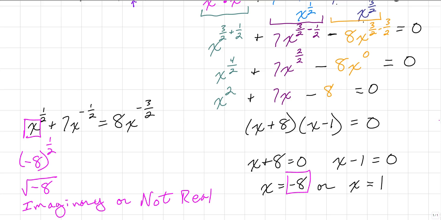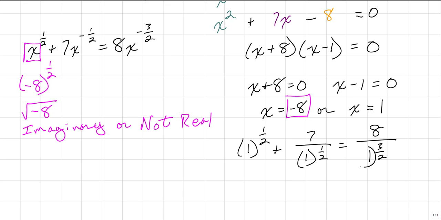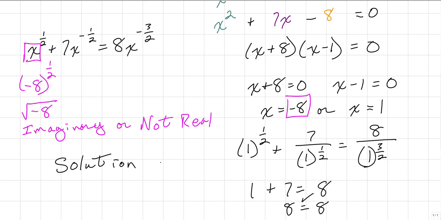So I end up, simply stated, with 1 to the 1/2 power plus 7 over 1 to the 1/2 power is equal to 8 over 1 to the 3/2 power, which means I have 1 plus 7 equals 8. 8 is equal to 8. That checks. That means that the solution is x equals 1.